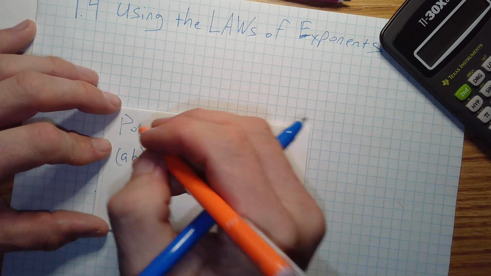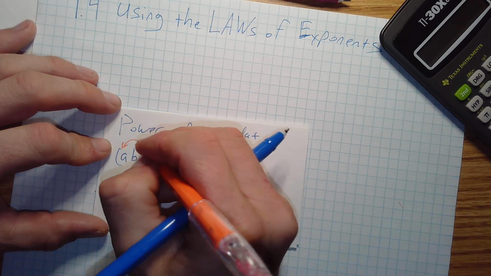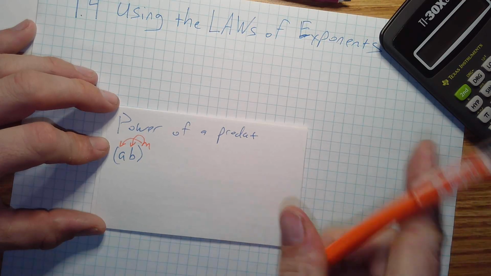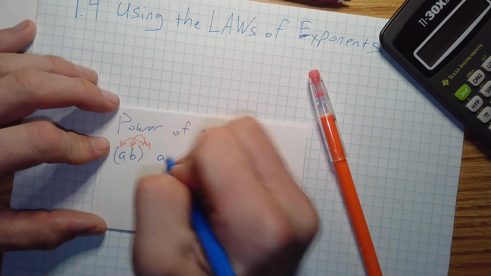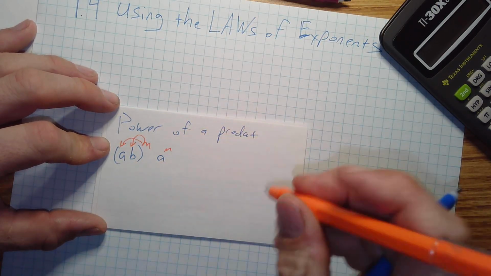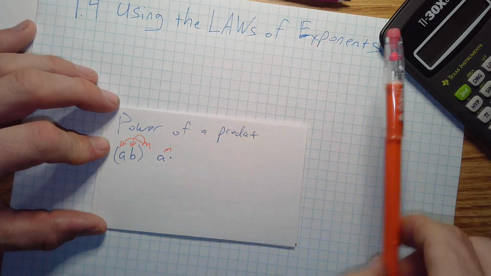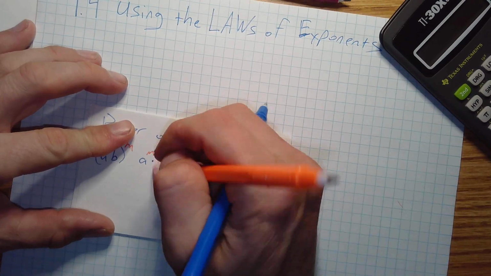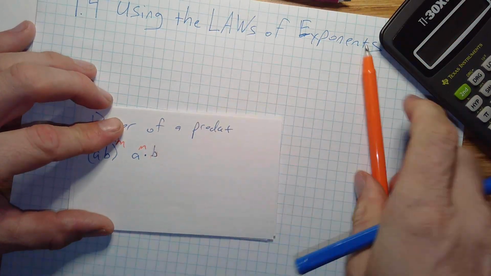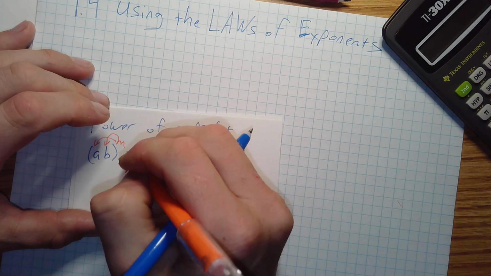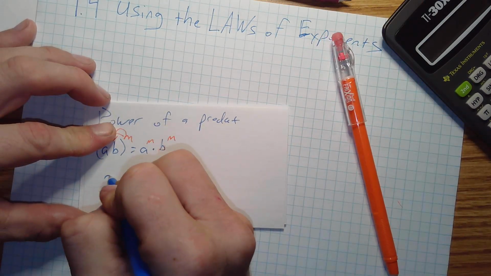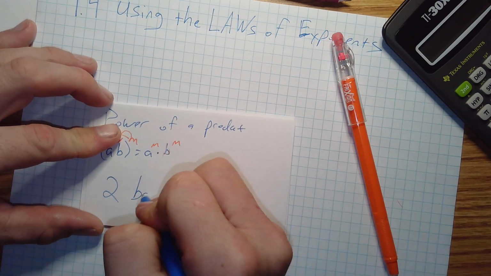This is where you're going to distribute this power onto both and multiply them together, right? So it's going to be A to the m times B to the m. Okay? It has two bases.